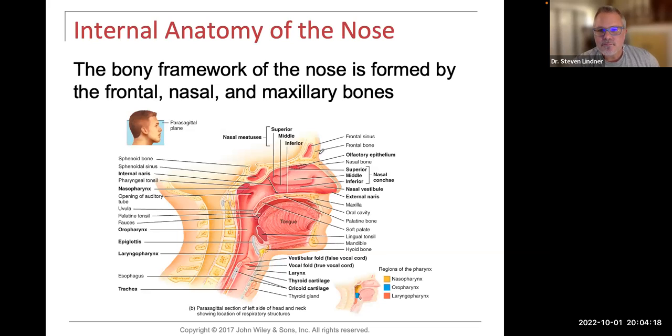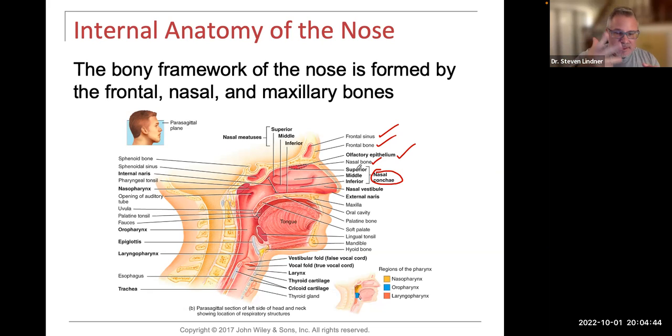Again, if we look at the bony framework of the nose, it's formed from the frontal bone, the nasal bone, and maxillary bones. Here's our frontal sinus. Here's our frontal bone. Here's the olfactory epithelium. Here's our nasal bone. Here are the nasal concha, also known as the nasal turbinates, and they're the inferior, middle, and superior.